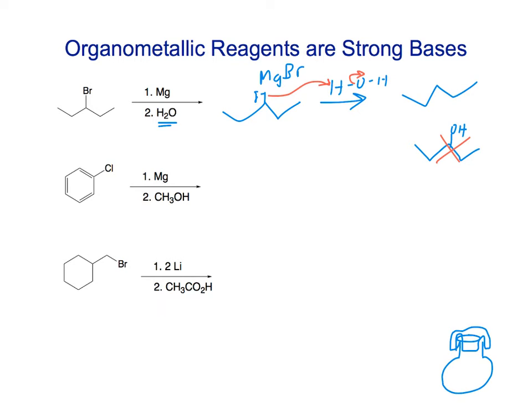An easy way is, if this is a tube, we can stick a needle in here, and this can supply some inert gas like nitrogen. So we flush out all the oxygen and any moist air that's around, and this keeps it under inert gas.